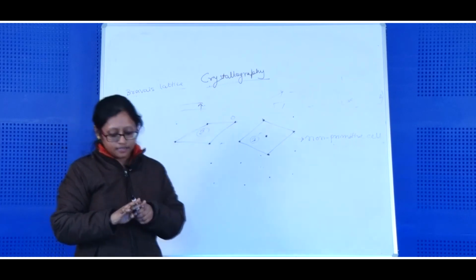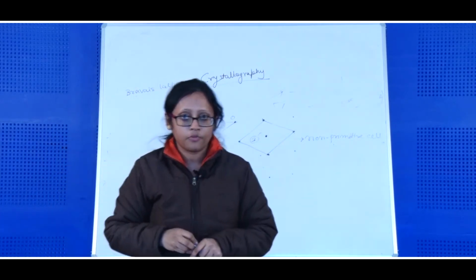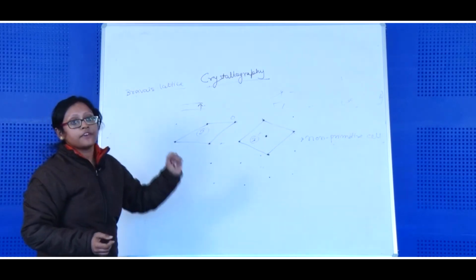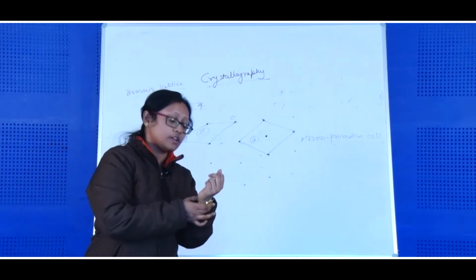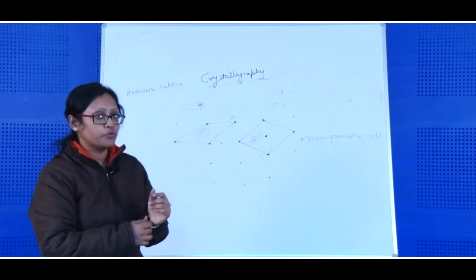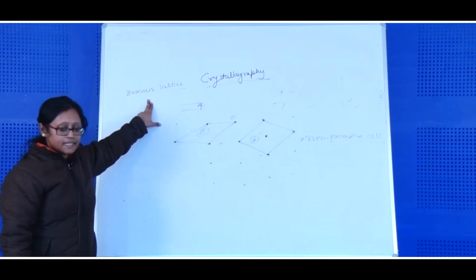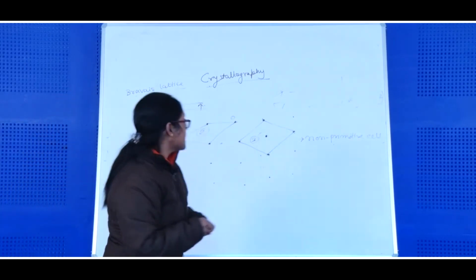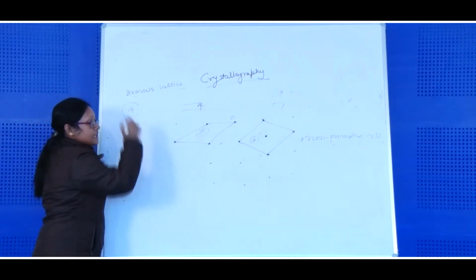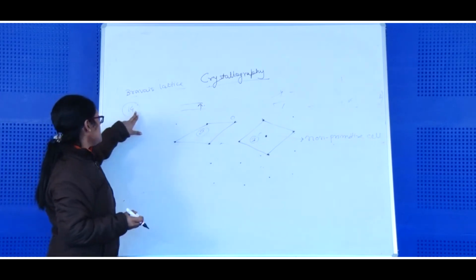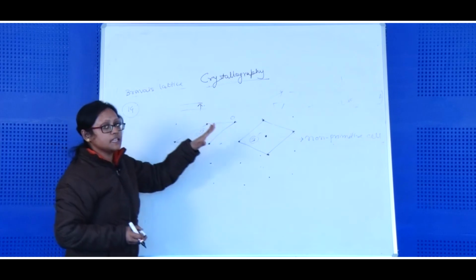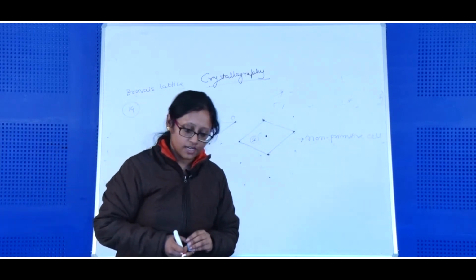First, the French scientist Auguste Bravais, a very famous French scientist, whose work in the field of crystallography is very useful. He first showed that in 3 dimensions 14 types of arrangements are possible. So there are 14 types of Bravais lattices, which are categorized into 7 types of crystal structure.